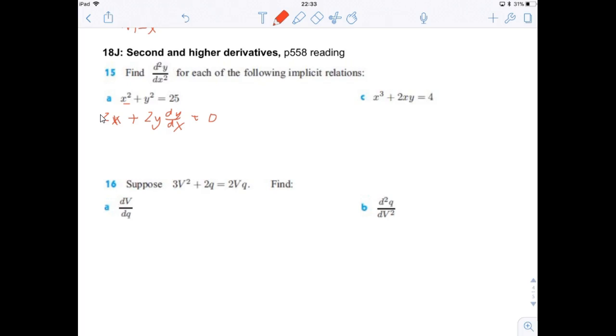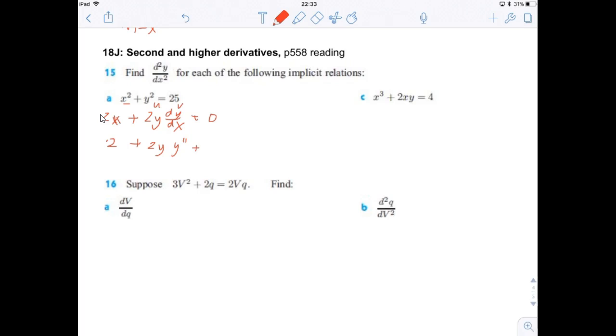And on the first term, 2x, the derivative would be 2. And then the second term, the derivative would be, let's see, it would be a product, right? It would be u and v. So first it would be 2y times the derivative of v, which would be the second derivative of y with respect to x.